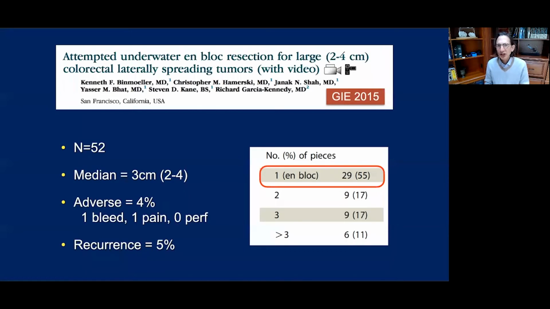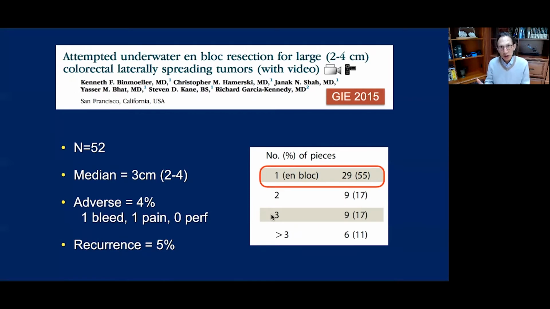And so I published results of en-bloc resection using the UEMR technique for large 2 to 4 centimeter colorectal LSTs back in 2015, 52 patients, and the en-bloc resection rate was 55%. Now, we were really just trimming the edges when we couldn't achieve en bloc resection.